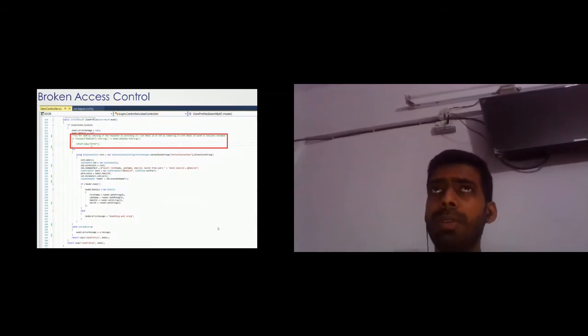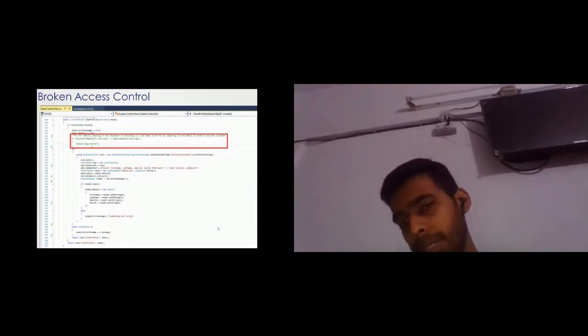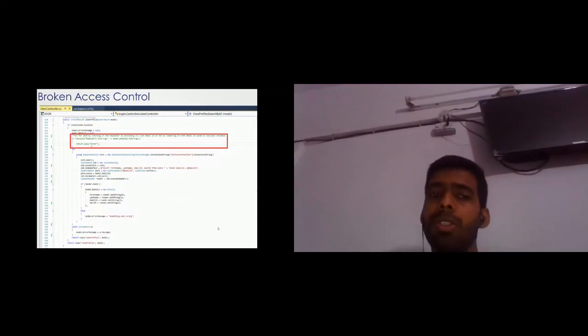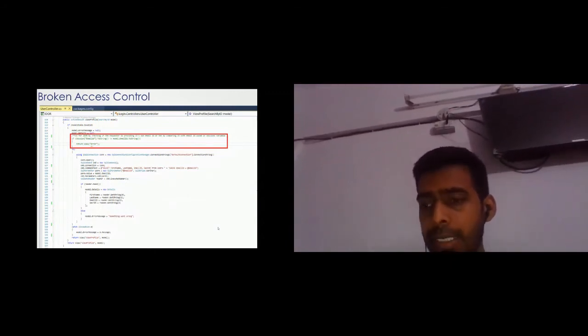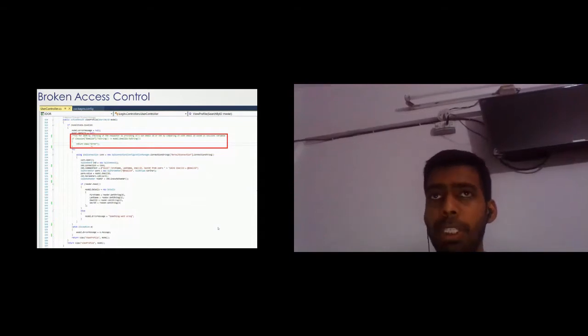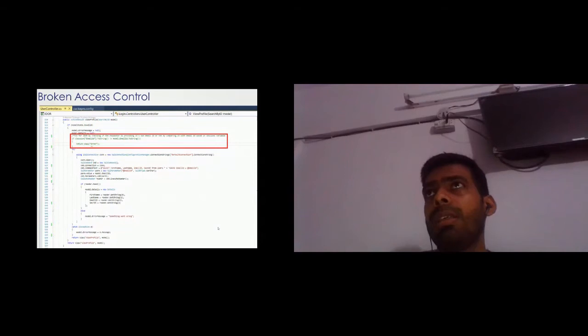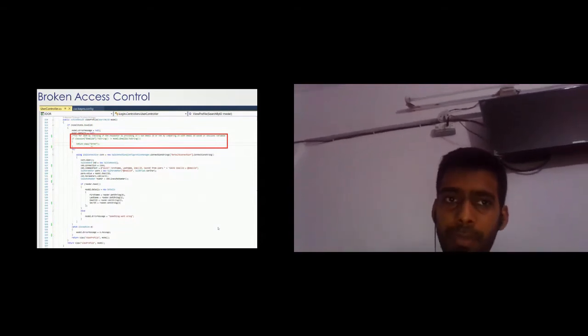But if user one tries to pass user2@example.com, the function would gladly return all the information about user2 as well. Why? Because there is no check implemented to make sure that user one is requesting his own information, or trying to view someone else's information.